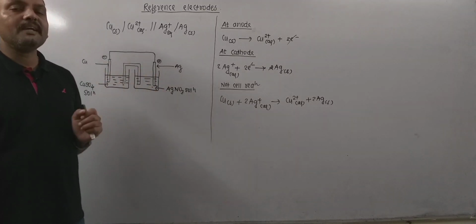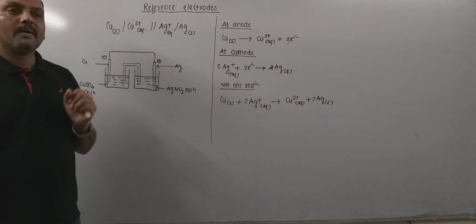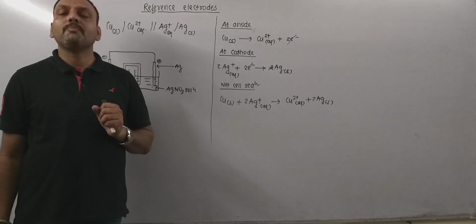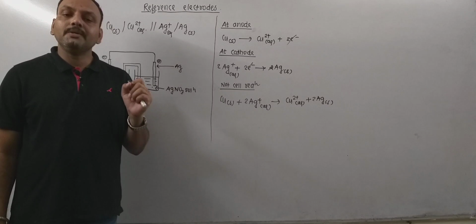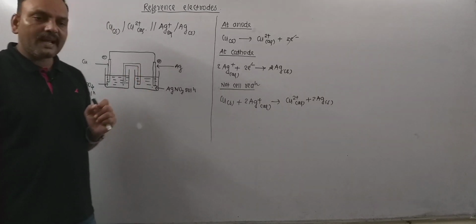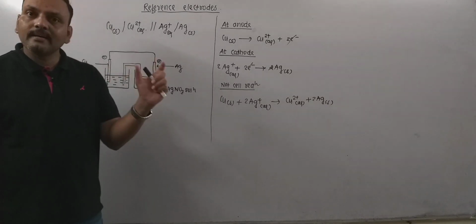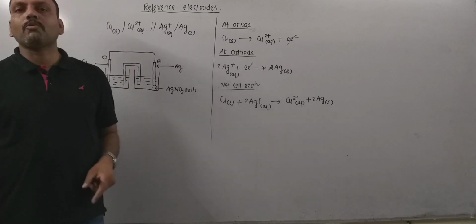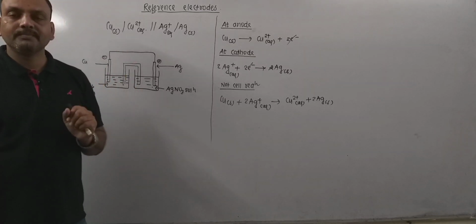Now what is the remedy for that? In order to calculate a single electrode potential, we know very well that a cell has two electrodes. So among the two electrodes, the potential of one of the electrodes must be well known.